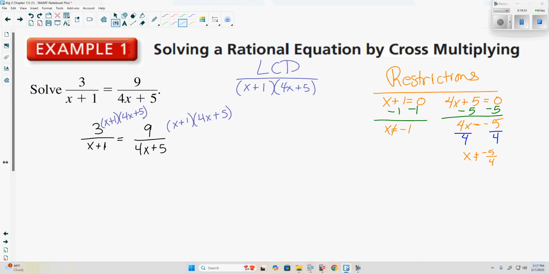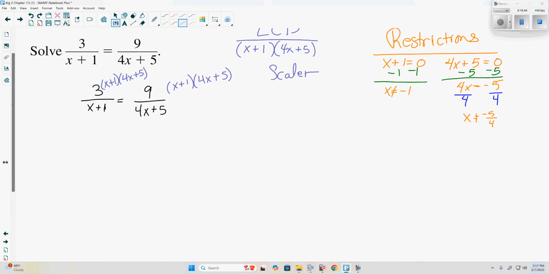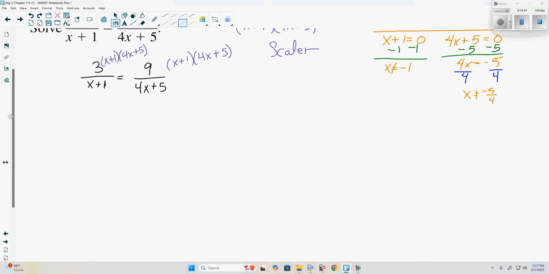Because what we're using here is something called a scalar. We're scaling the problem up. Normally we would talk about a scalar as a number, but it can be an expression. And it's going to do something very interesting. For the fraction on the left, we'll have 3 times x plus 1 times 4x plus 5 over x plus 1.